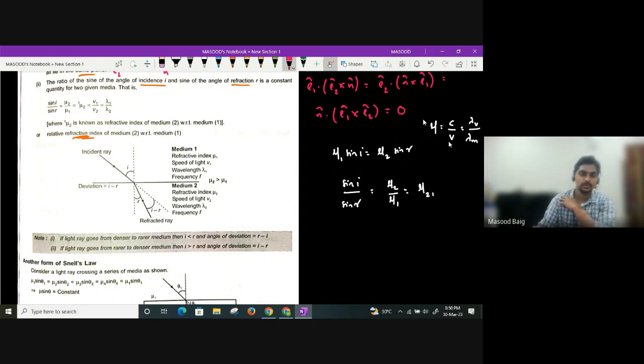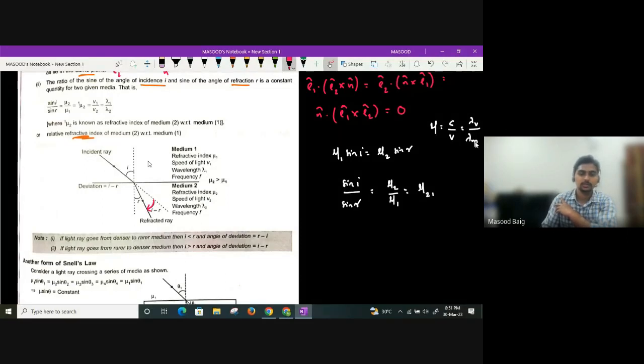Now, in general, this also you should know: whenever the incident ray is traveling from rarer medium to denser medium, the refracted ray will bend towards the normal. As you can see, if there was no interface, the incident ray would have traveled in this manner. But because of the presence of the interface, is it getting deviated or not?